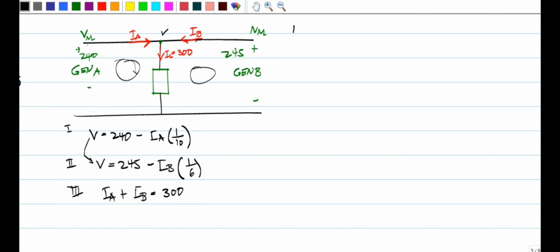So equating V of equation 1 to V of equation 2, we have 240 minus IA over 10 is equal to 245 minus IB over 6.